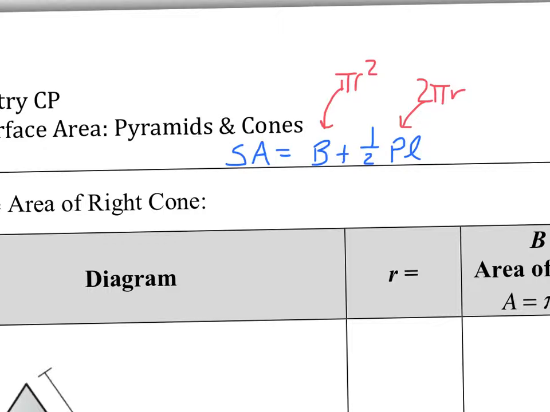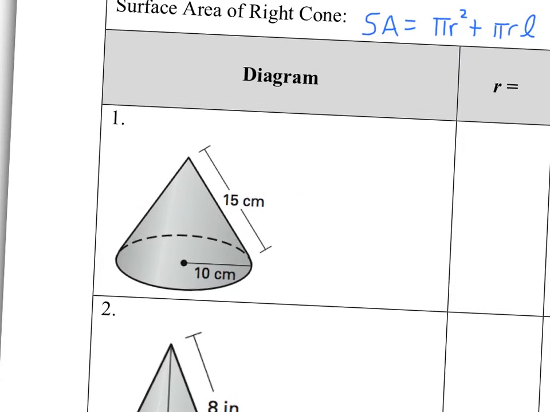So when I substitute those in, the surface area of a right cone is pi r squared plus pi r L. The two things we need are the radius and the slant height, and we plug and play, and that's it. Let's take a gander at this diagram here.